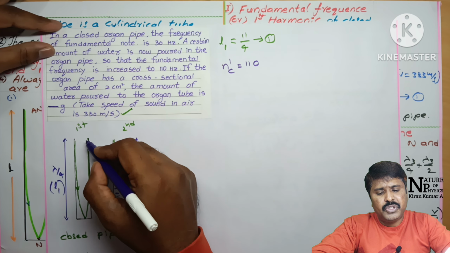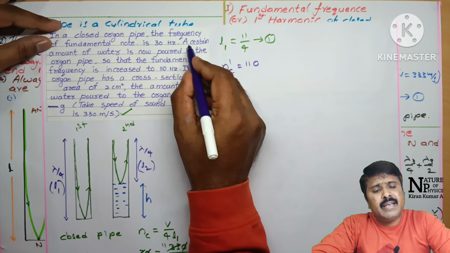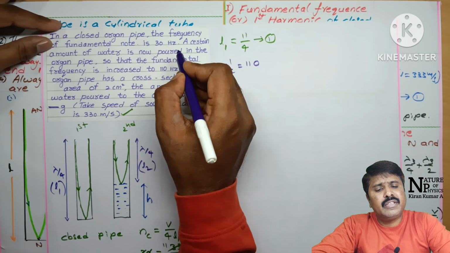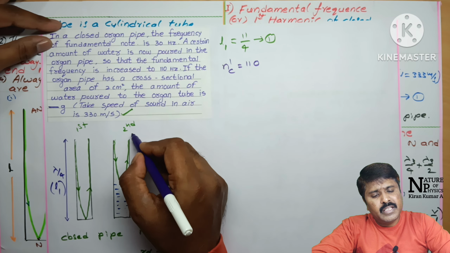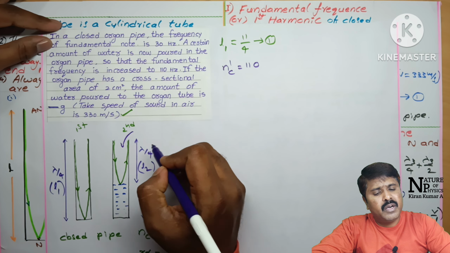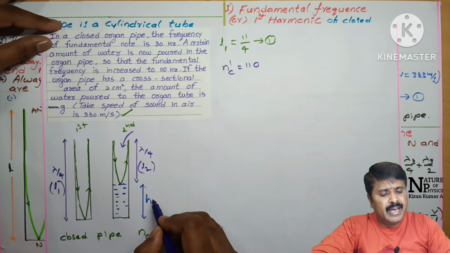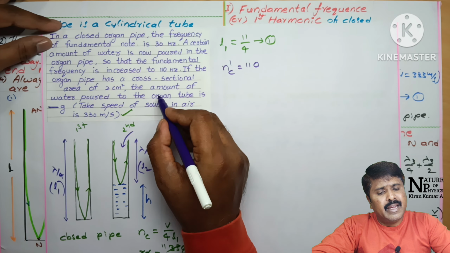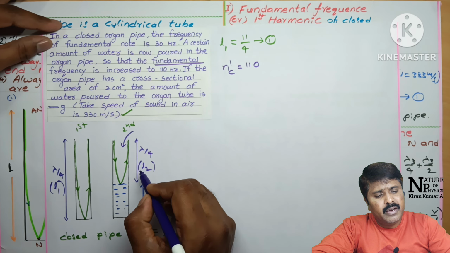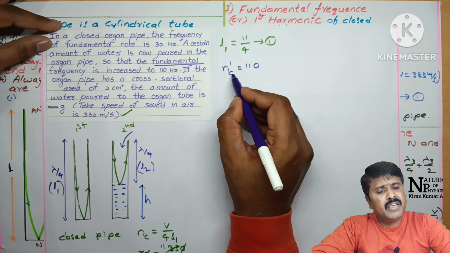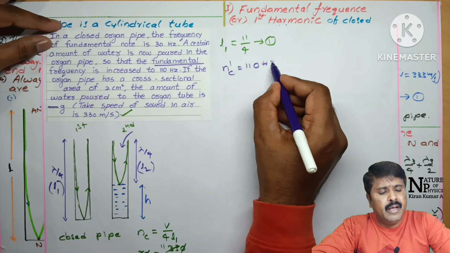The first one is a closed organ pipe. Next, a certain amount of water is poured into the organ tube, so that water is filling. Whenever water is filling, the level of water at the bottom is considered as H, and in the second condition we also get the fundamental frequency only. So the fundamental frequency of the closed organ pipe, NC dash, is given as 100 hertz.